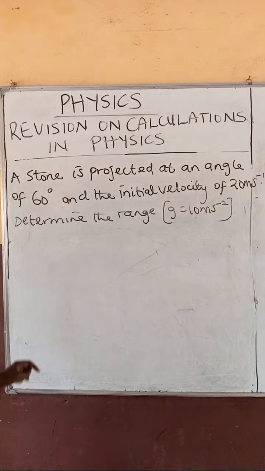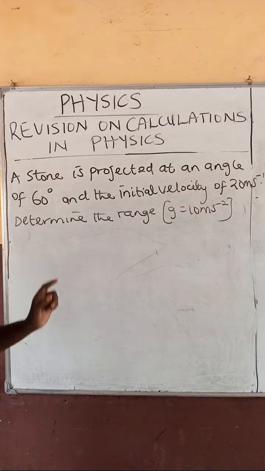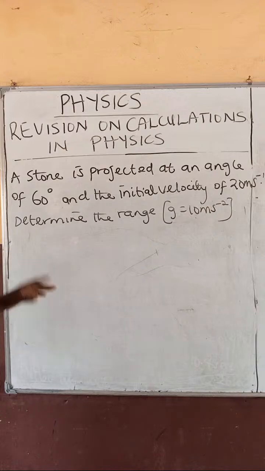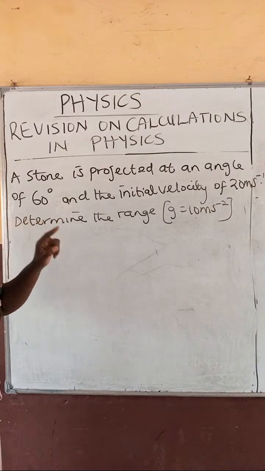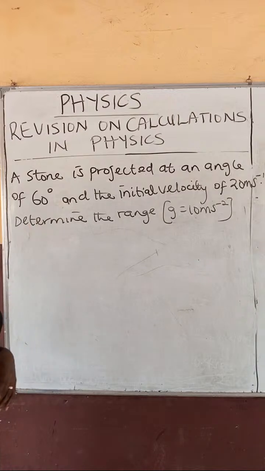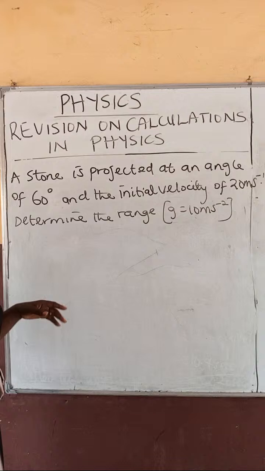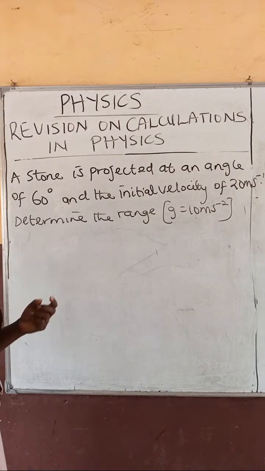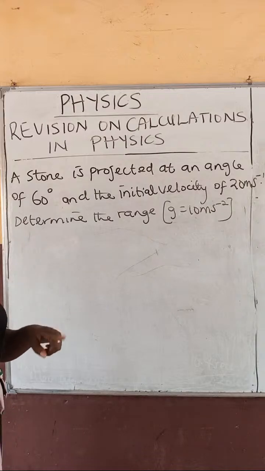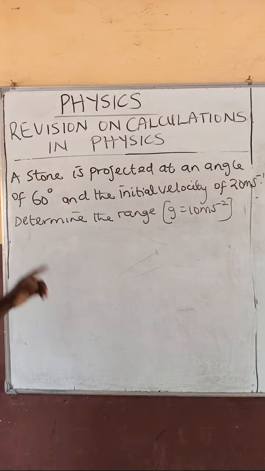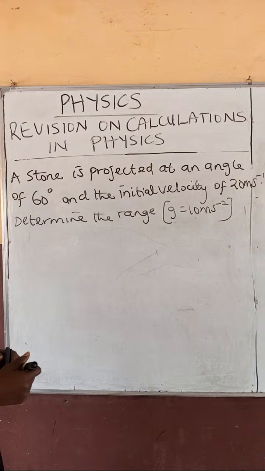All right, class, the question says, a stone is projected at an angle of 60 degrees, okay, with an initial velocity of 20 meters per second. Determine the range. And we are given g to be 10 meters per second squared.